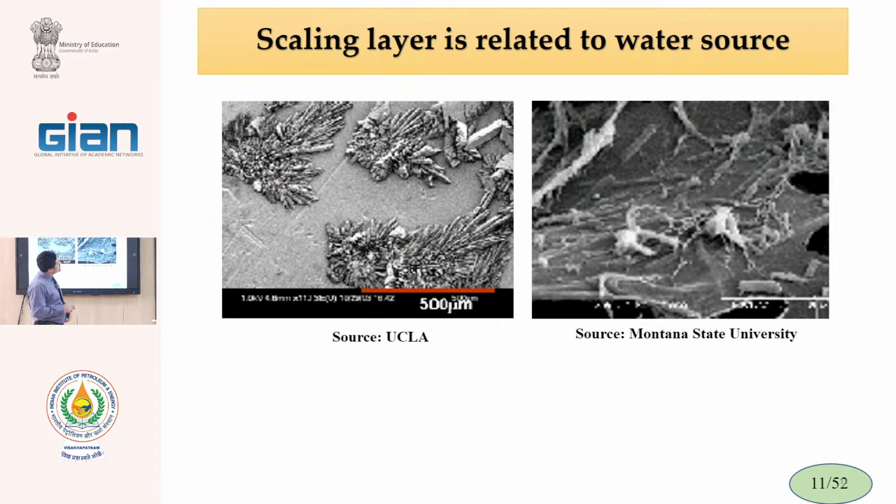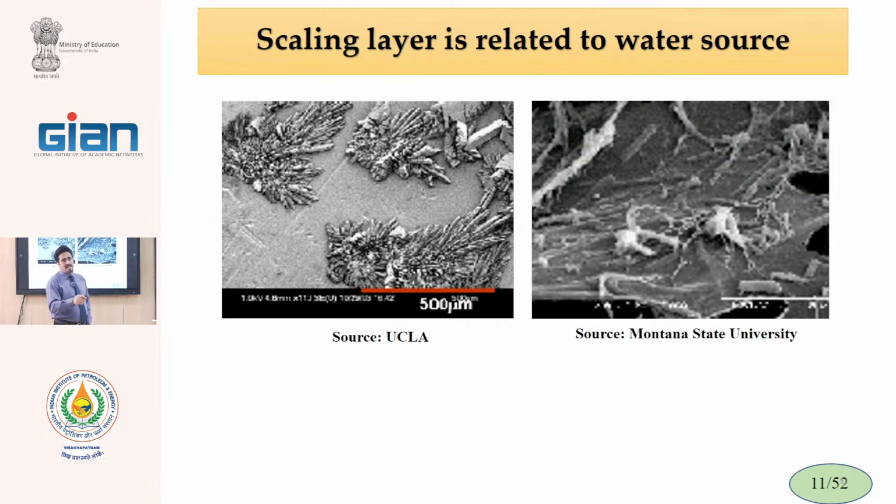We see good crystals, but in this case we see some polymeric change, maybe from alginate, lignin, and other natural organic matter. Because it is based on the chemistry and water source, our control can change.